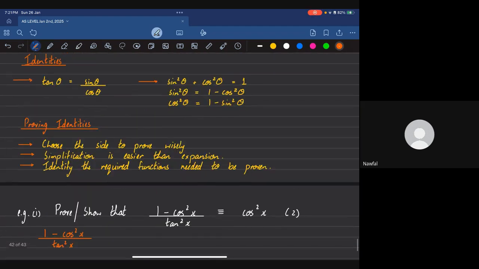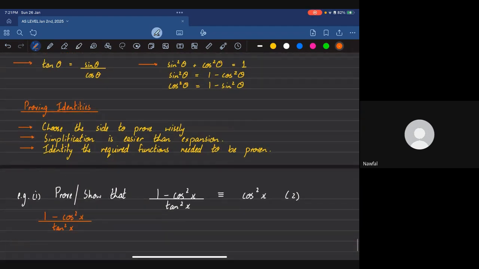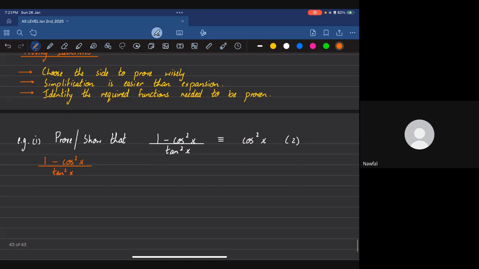And we already know the identities we've studied above as well. So clearly, off the bat, I can write down that sine square x is equal to 1 minus cos square x. That is what comes directly to me just by looking at this.